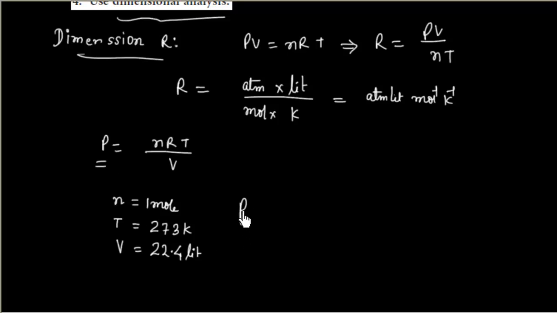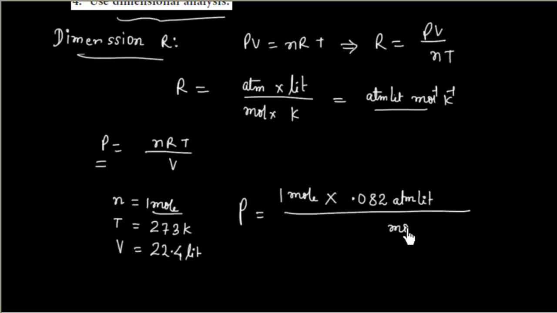So pressure equals 1 mole multiplied by R, which is 0.082 atmosphere liter divided by mole Kelvin, then temperature 273 Kelvin, and at the bottom the volume, 22.4 liters.